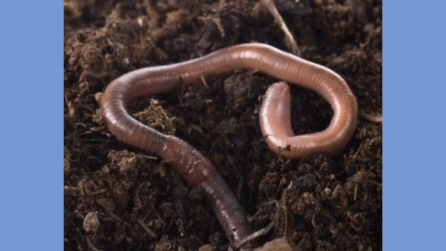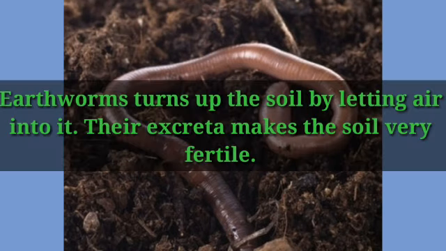It is very good for the plants' growth. That's why earthworms are called friends of the farmer. Got it, why? Because earthworms turn the soil by letting air into it, and their excreta make the soil very fertile. So here we completed our lesson number 11.